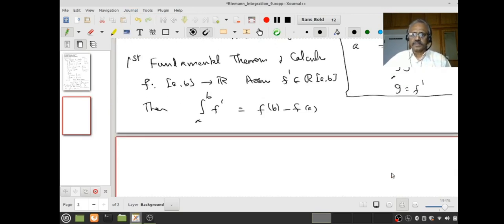Now what is it that I want to prove? The integral a to b of f dash equals f(b) minus f(a), right? So I have to compute the integral of f dash. Which definition do you think I will be using? Remember, I already said something about whether I should use the Riemann sum approach or the Darboux sum approach. If I have a very definite idea what the integral is going to be, then very likely the Riemann sum approach will be easier.